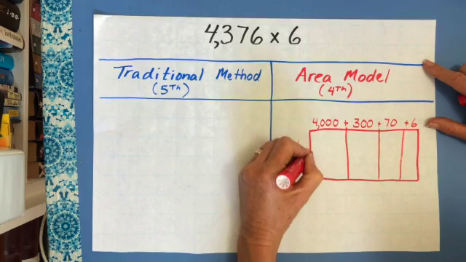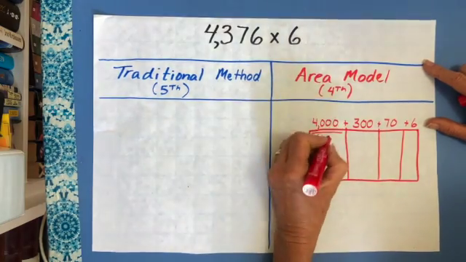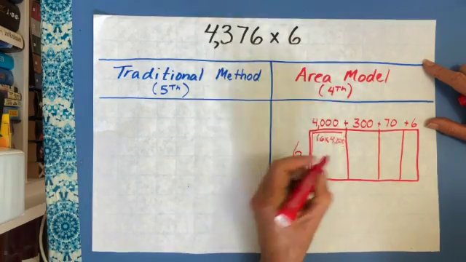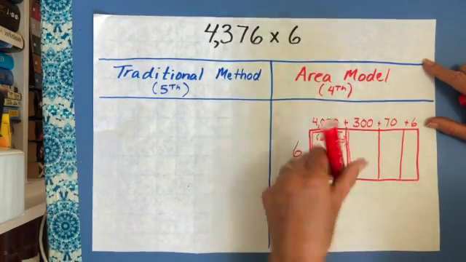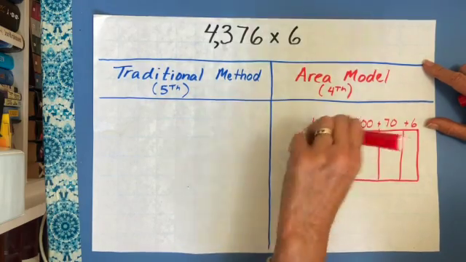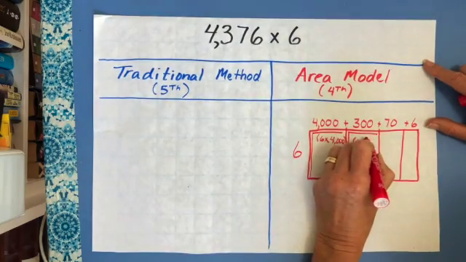So the area, the length of this side is 6 times the length of this side, which is 4,000. The length of this side here is 6 times the length of this side from here to here, which is 300.